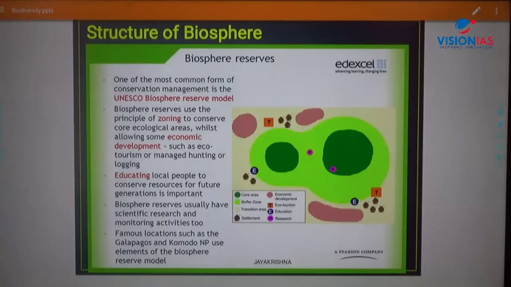Side heading, core zone. It is a completely undisturbed area. No human activities are allowed.